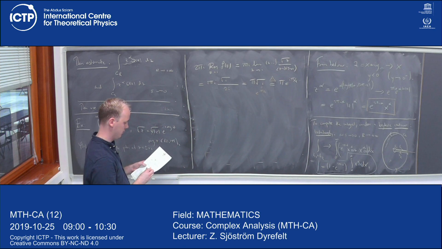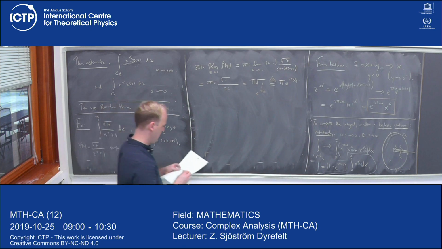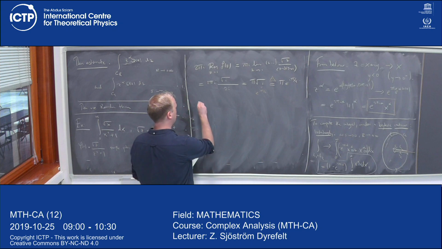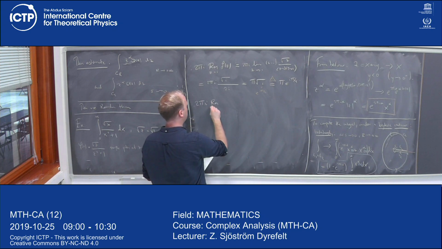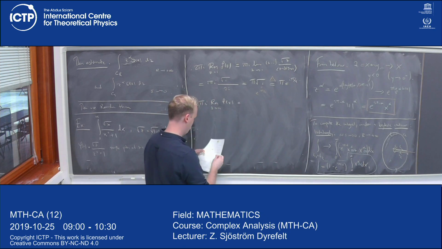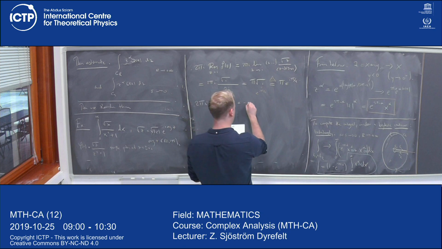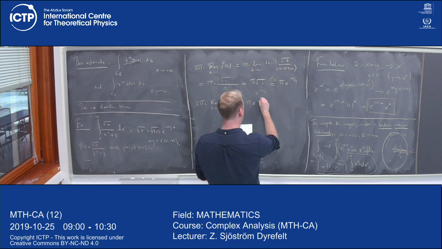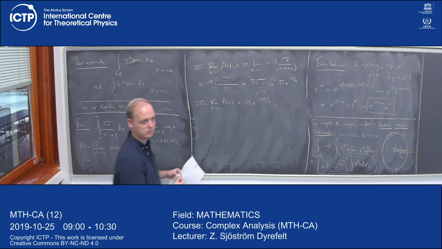And then you have that 2 pi I times the residue at z equals minus I of f of z. Check this, that it's equal to minus pi e to the I 3 pi fourths in this branch.